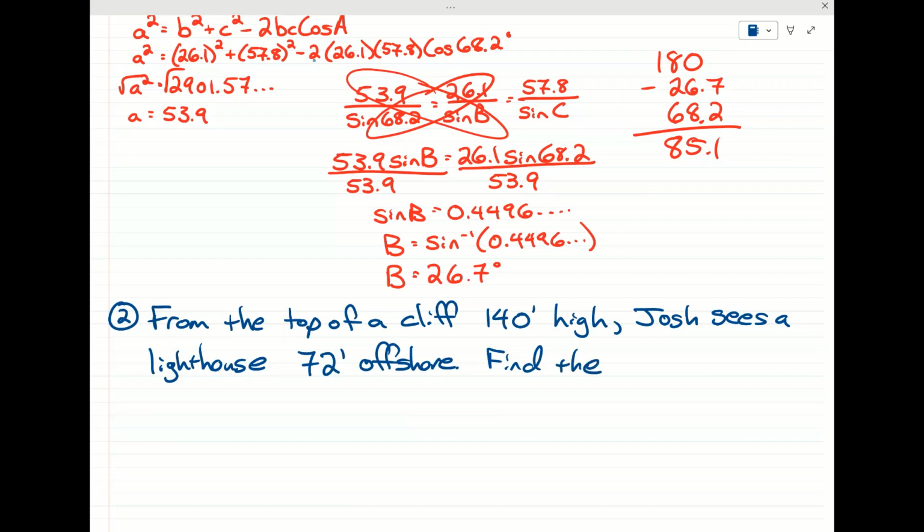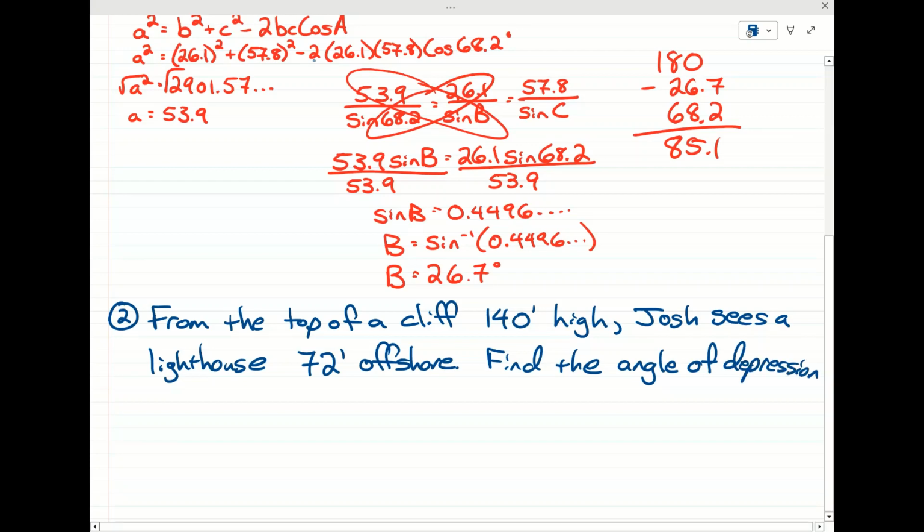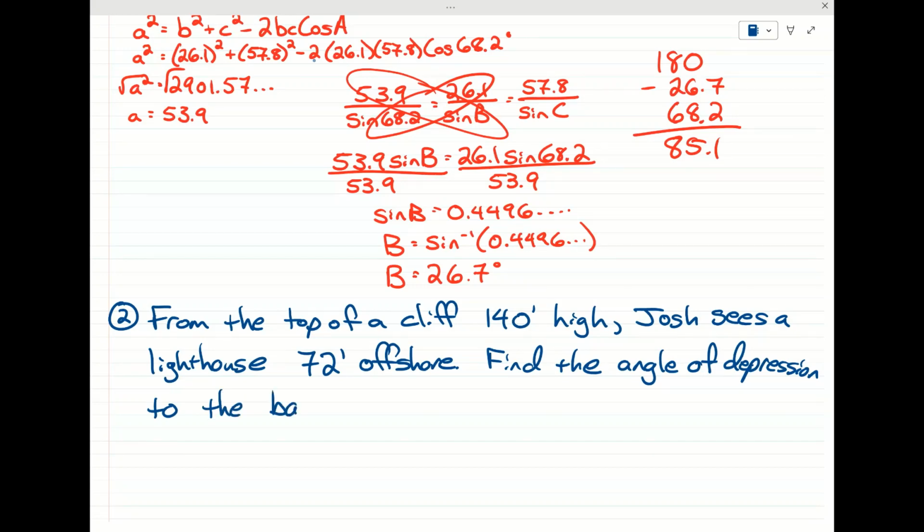Find the angle of depression to the base of the lighthouse.